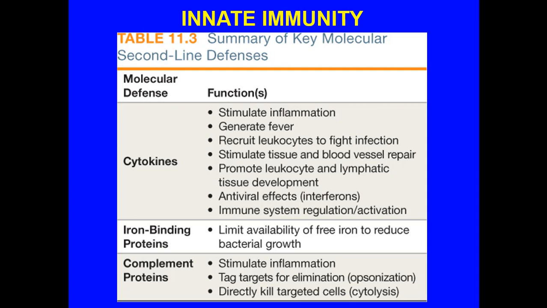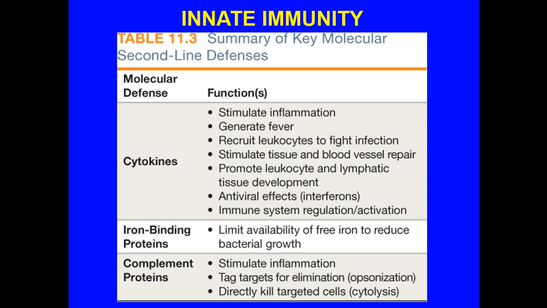Now, several of the other types of molecular defense molecules we're going to talk about are the iron binding proteins. Iron binding limits the ability of free iron, to reduce basically bacterial growth. Bacteria really need iron as part of their enzymes and a variety of other biochemical applications to proliferate.